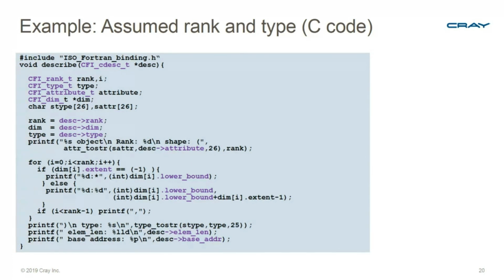And then I get lower bounds and extents, so I can find out how big any of those dimensions are. So notice that dim1 has components extent and lower bound. So here I can say what was the extent in any dimension and what was the lower bound of the object that was passed from Fortran. And then at the end, I can get the element length, and I can get the base address. So this is the address of the first element of that object.